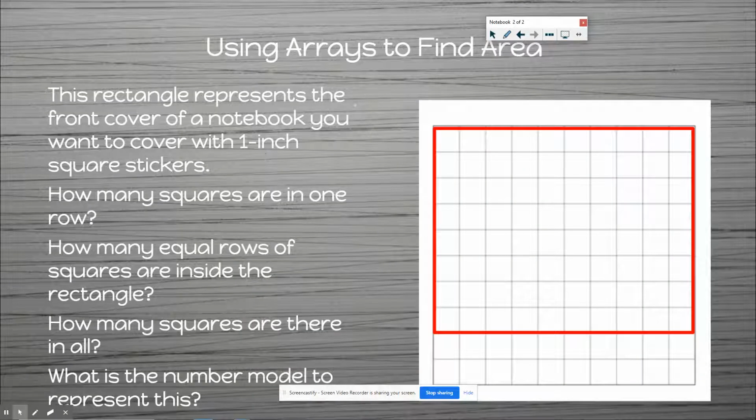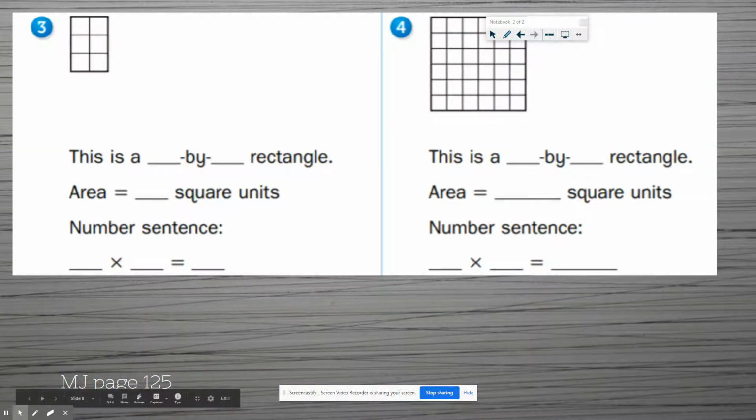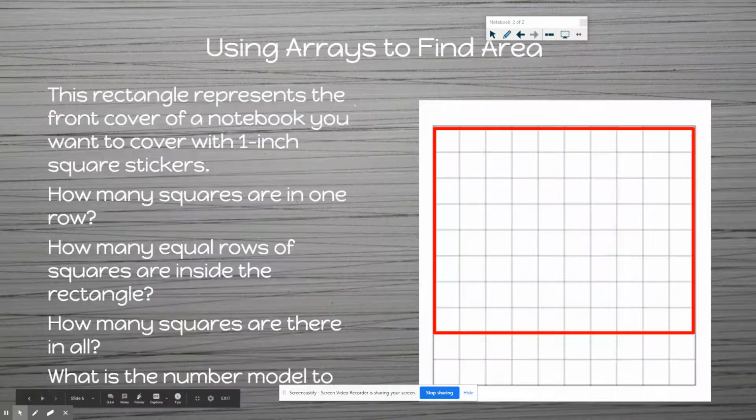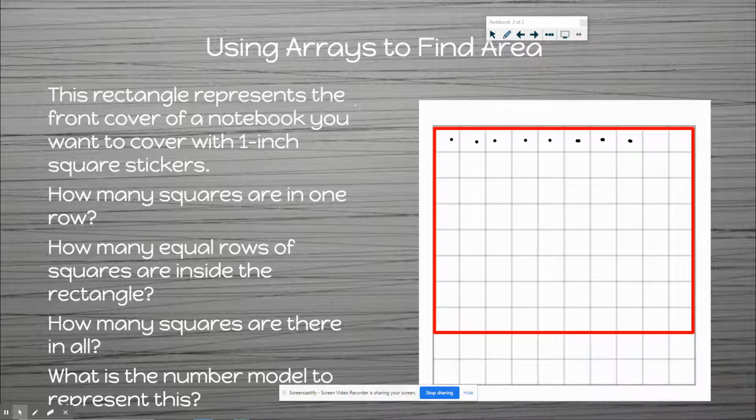All right, so this rectangle represents the front cover of a notebook, and you want to cover it with 1-inch square stickers. How many squares are in one row? Well, we would need to count them. 1, 2, 3, 4, 5, 6, 7, 8, 9, 10. So there are 10 squares in one row. How many equal rows of squares are there inside this rectangle?